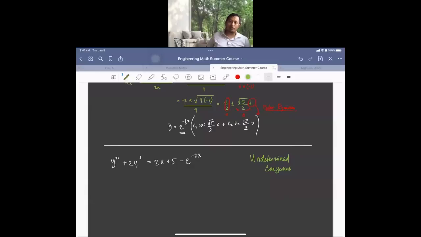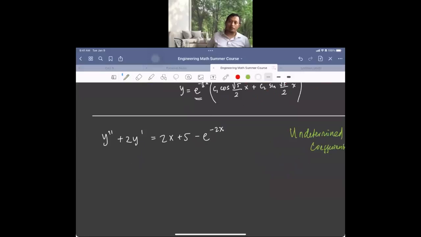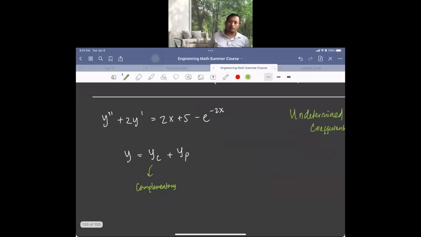And then we need to find the non-homogeneous solution. The non-homogeneous part we can call yp. So usually we write the complete solution as y equals yc plus yp. This is what we call the complementary solution, which we get from the homogeneous.